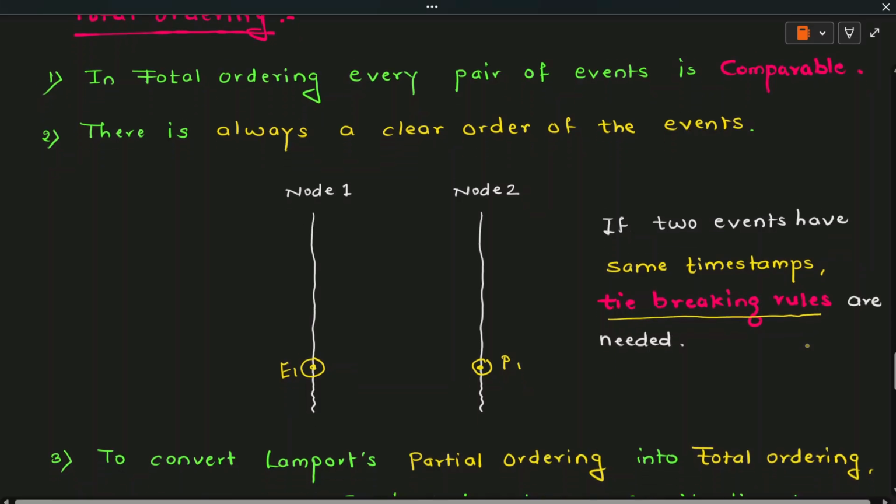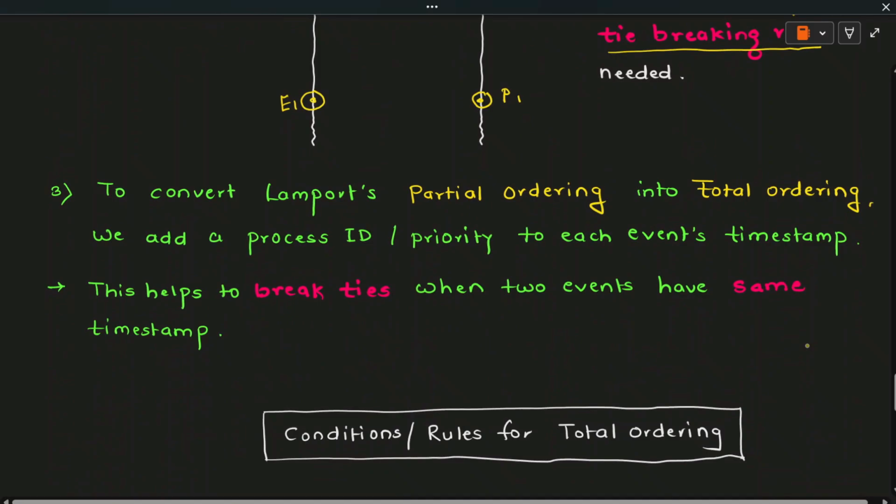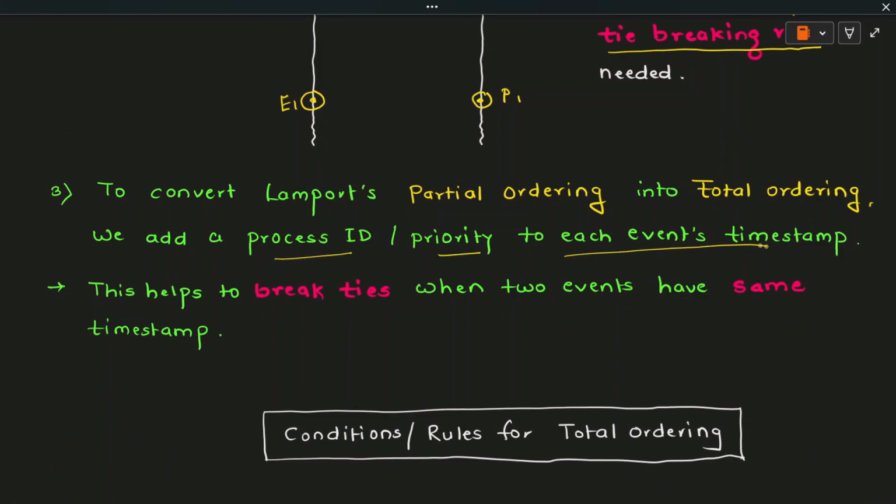To convert the partial ordering into total ordering, we need to add process ID or priority to each event's timestamp, because these two events are happening at the same timestamp, so it is difficult to order such events using the total ordering mechanism also. Only the timestamp will not help us in this case. For that we need an additional parameter, and that parameter will be either process ID or priority. This process ID or priority helps us to break the tie when two events have the same timestamps.